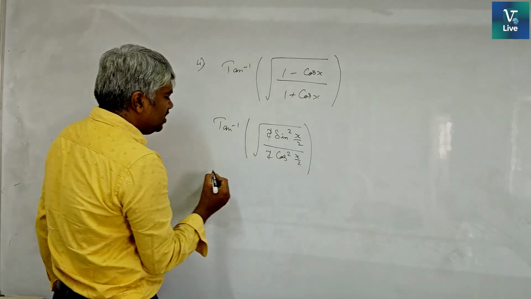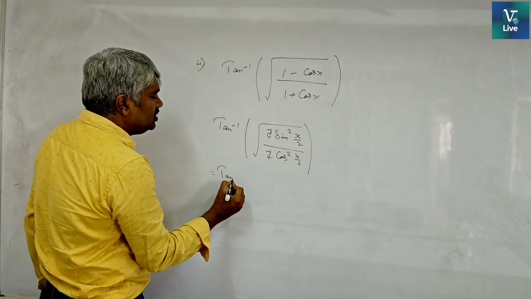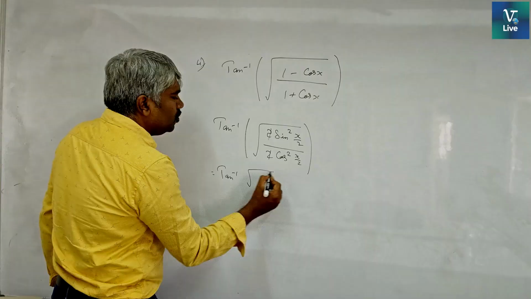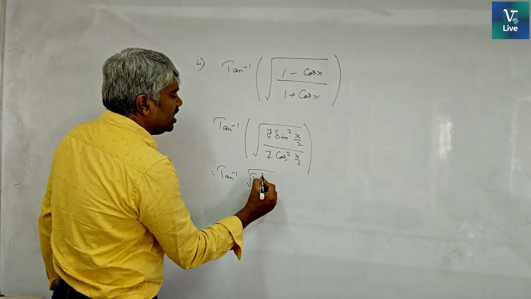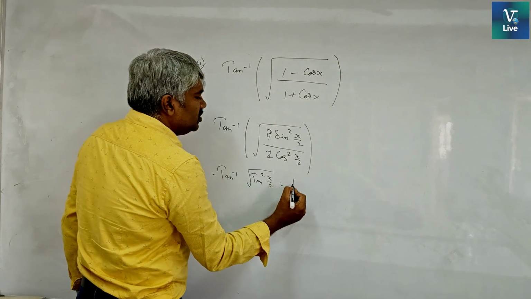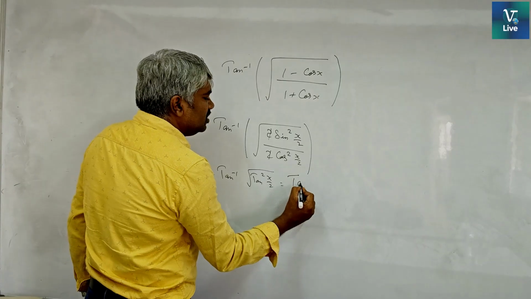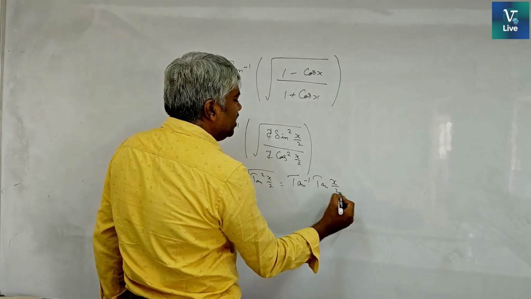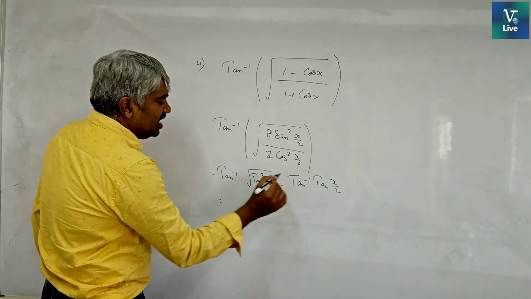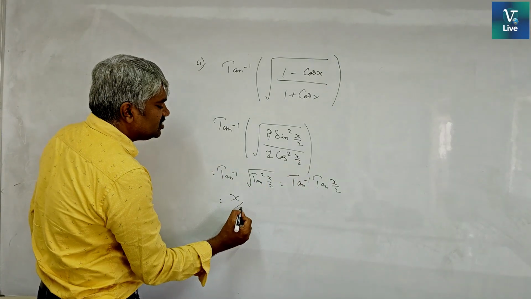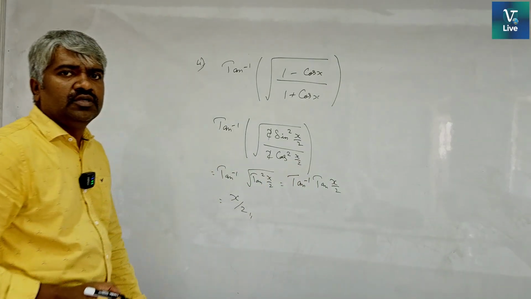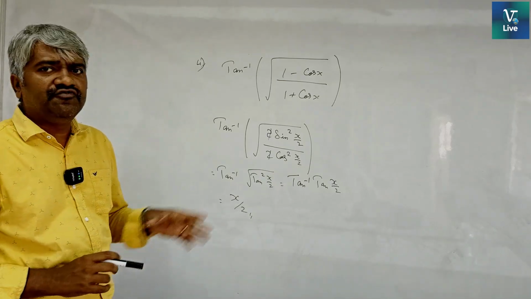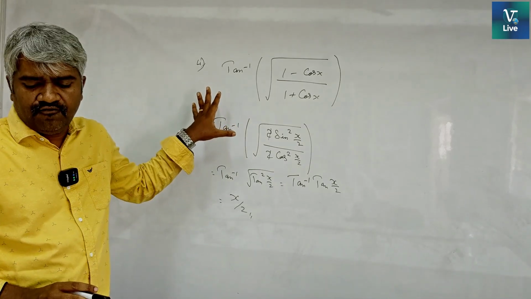So 2 will get cancelled. So tan inverse of root tan square x by 2, which is tan inverse of tan x by 2. So tan inverse and tan go, your answer is x by 2, right? So this is the solution for question number 4.